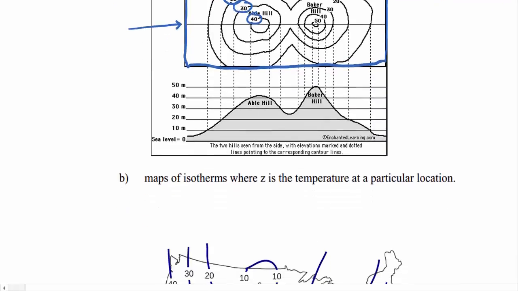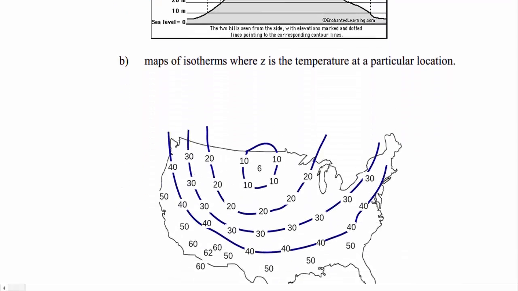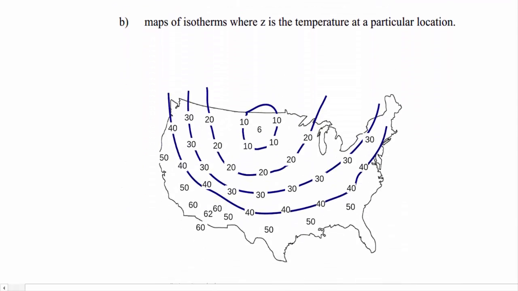Okay. What about where z is temperature at a certain location? You've seen this on the Weather Channel or some other channel. So here we call the contour lines or the level curves isotherms. And so on this isotherm or level curve, we have a constant temperature of 20 degrees. So it doesn't represent height here at all, does it?